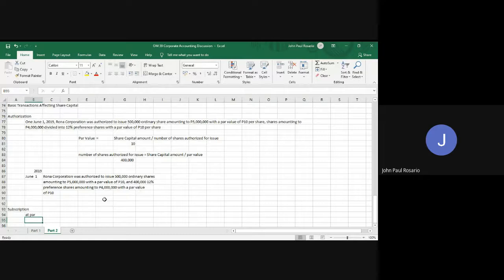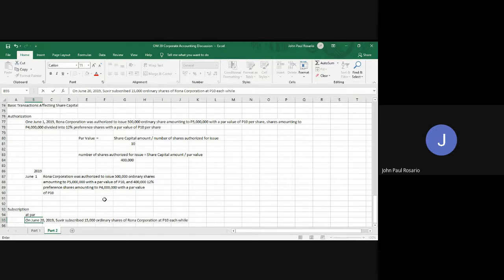So let's assume that on June 20, 2019, Suvir subscribed 15,000 ordinary shares of Rona Corporation at 10 each.